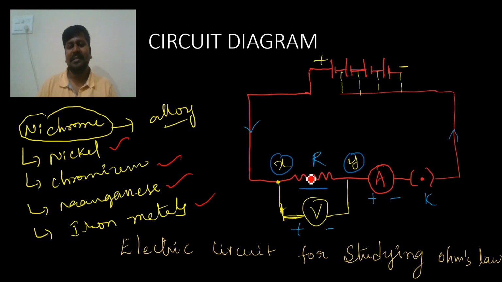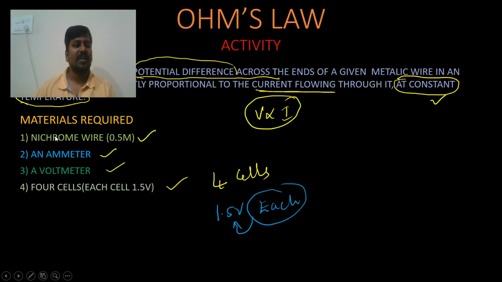So here I am considering XY as a nichrome wire resistor. How much length is it? 0.5 meters, as we mentioned previously. In the previous slide you can see nichrome wire of 0.5 meters.